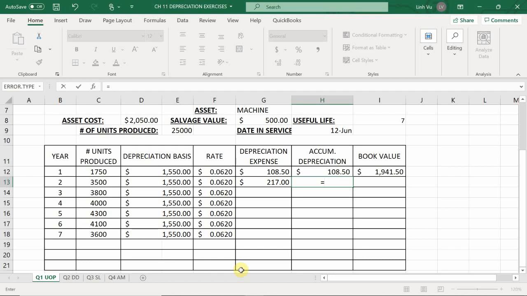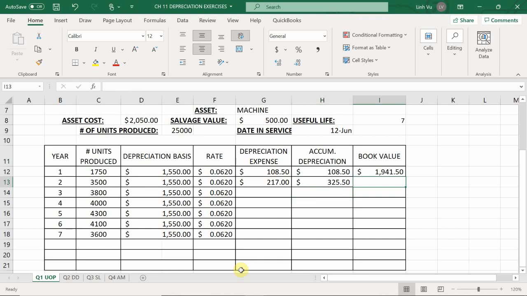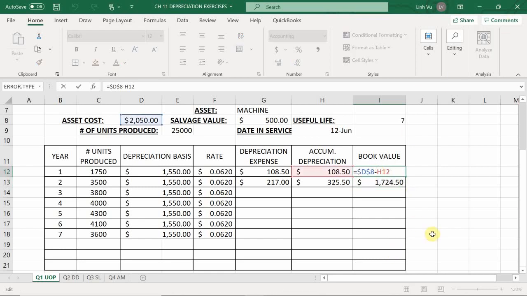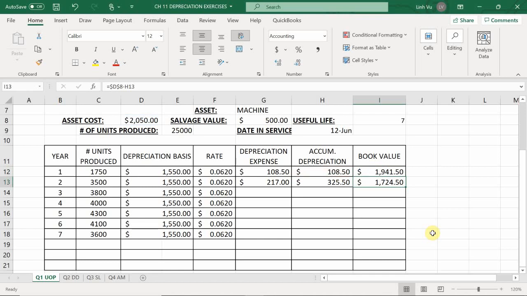Let's solve for the accumulated depreciation, which is your previous year's $108.50 plus the current year's $217, to give you a total of $325.50. Your book value is going to be your $2,050 minus this $325.50, and you should get a grand total of $1,724.50.